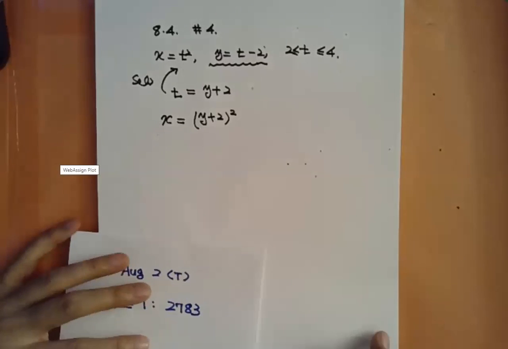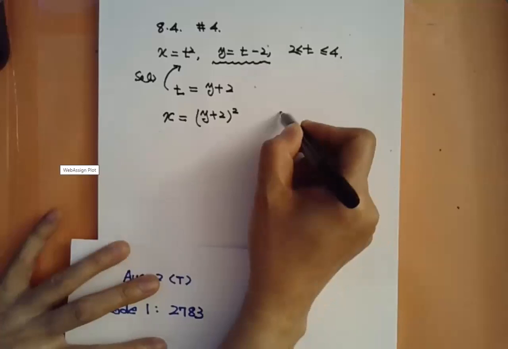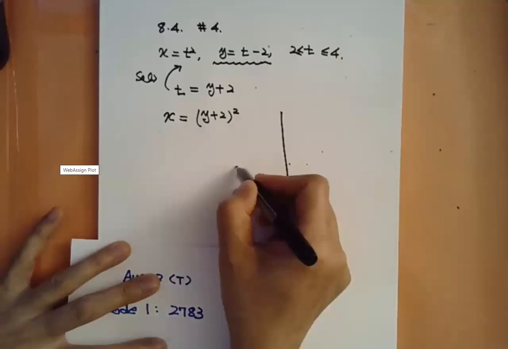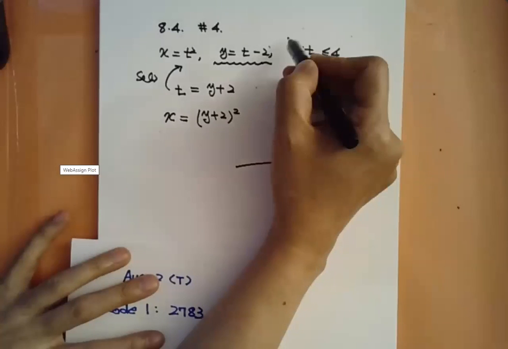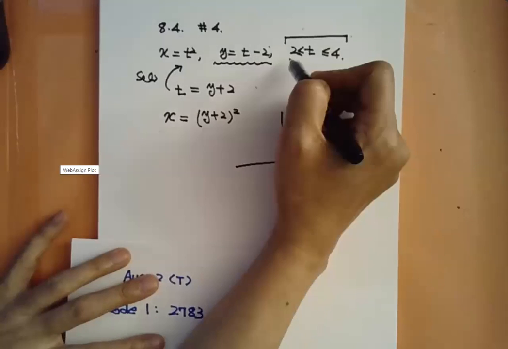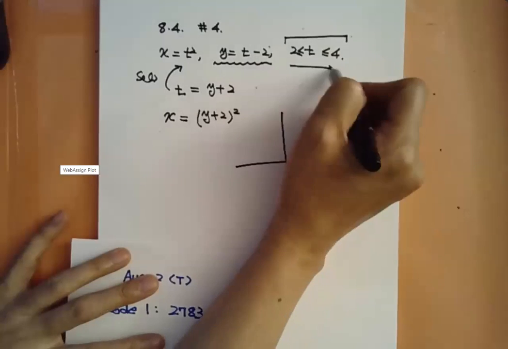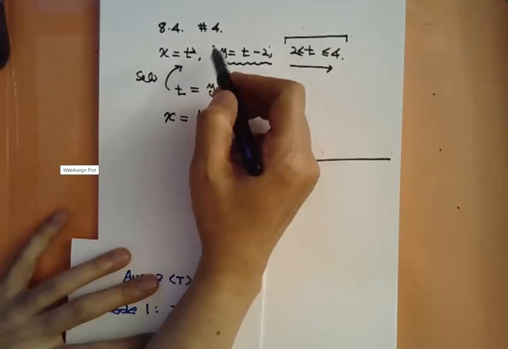So what we can imagine here is when t varies from 2 to 4. When t increases, y value increases, and x value increases, obviously.